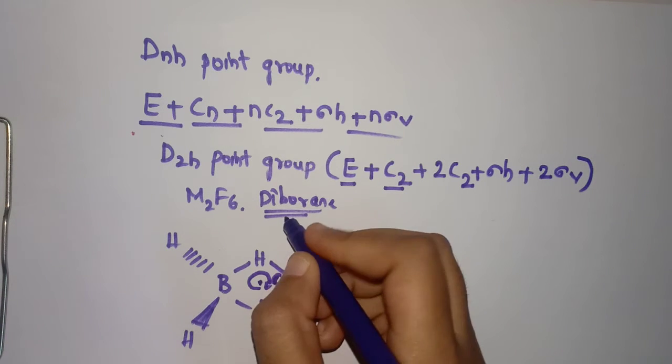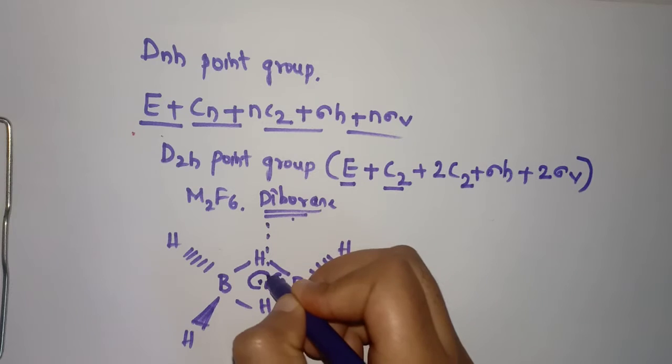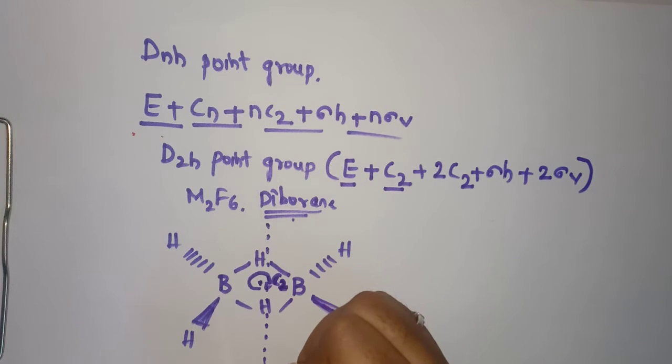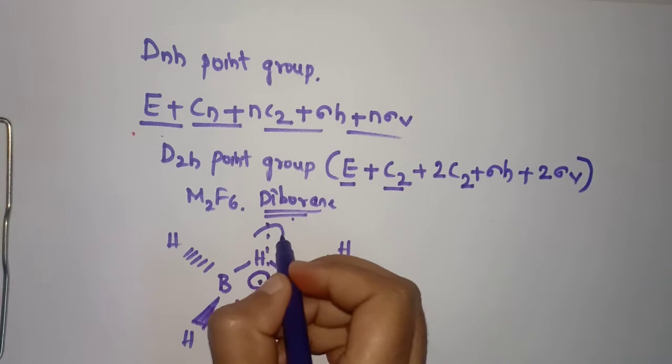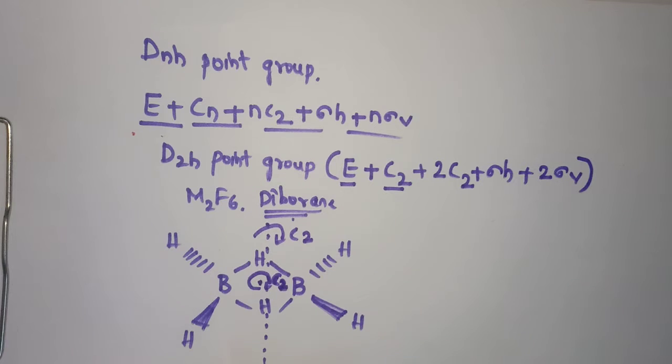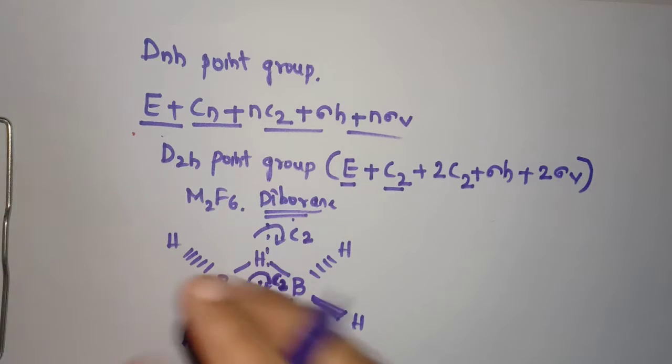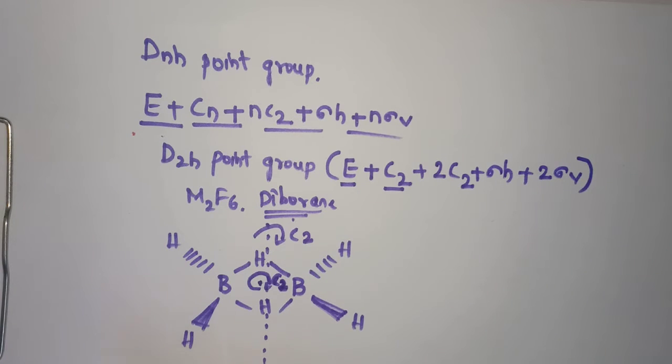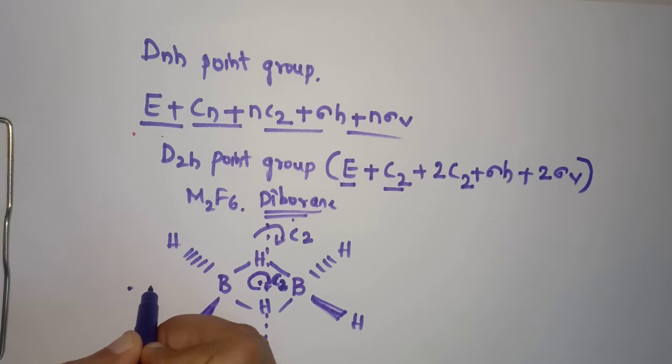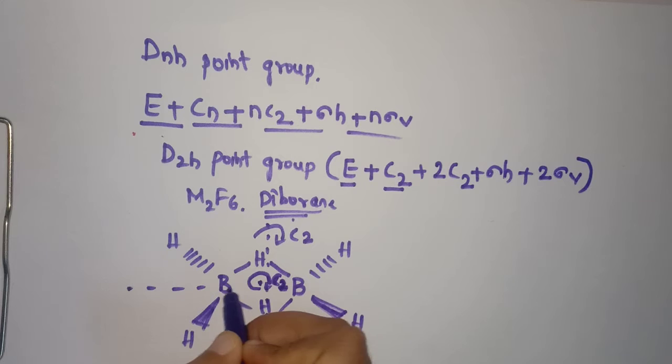If you pass the axis like this and rotate it by C2, if you rotate the molecule like this, these two hydrogens will come on this side and these two hydrogens will come on this side, and again by rotating 180 degrees, that is C2, we will get an equivalent configuration. This is C2. To understand all this, you should have a basic knowledge of these symmetry elements.